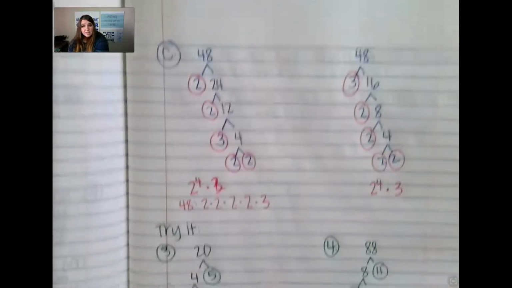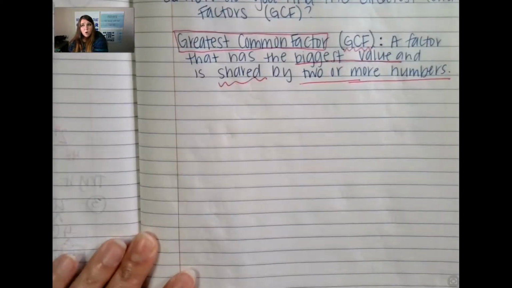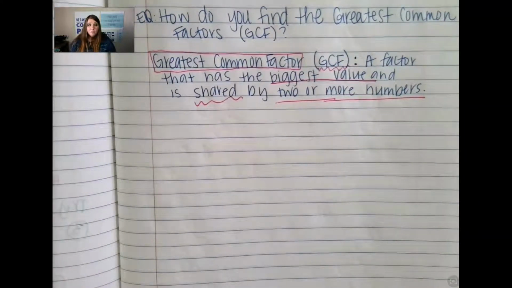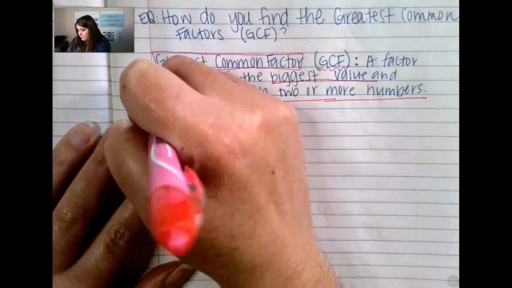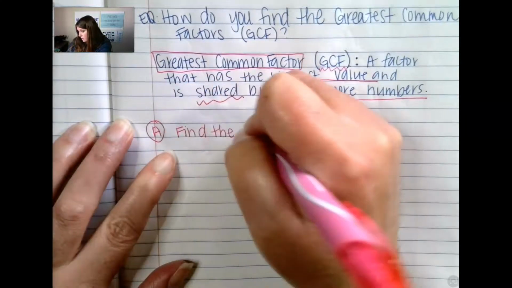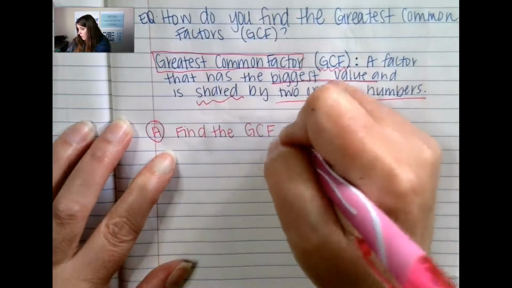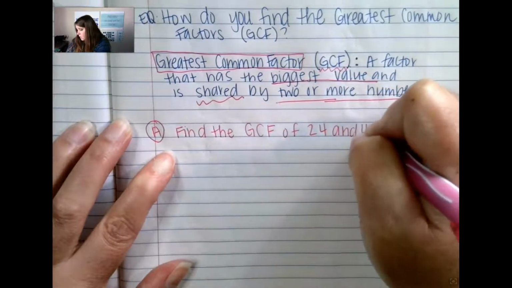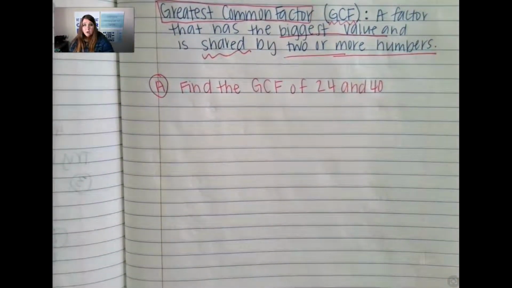We had 48 as our practice there, and we found the factor pairs that made up 48. Now it's going to ask a question that says something like, find the GCF, greatest common factor, of 24 and 40. Our job is to find the greatest common factor of those two numbers.